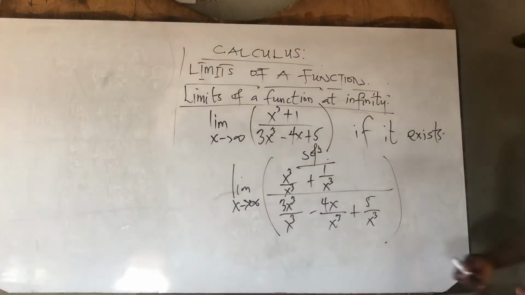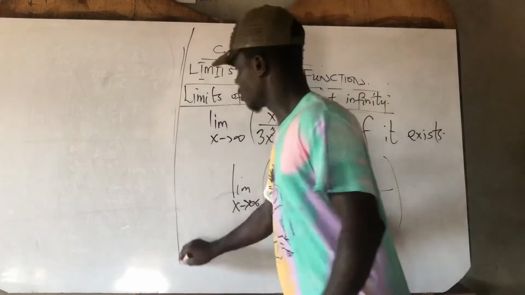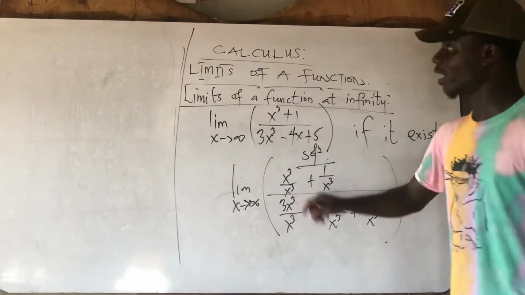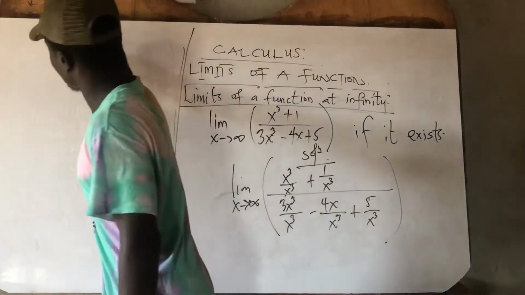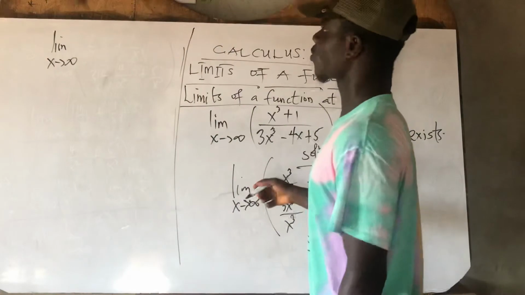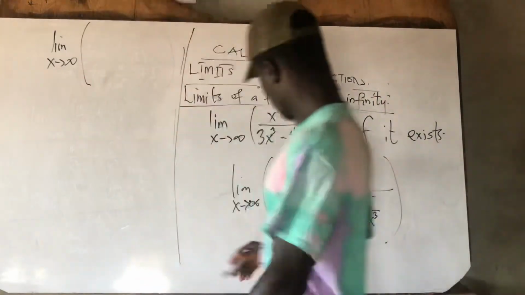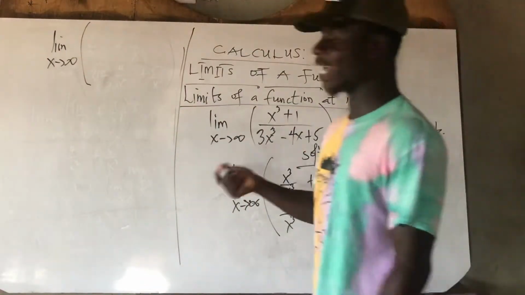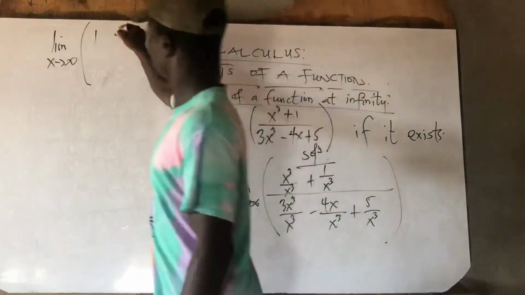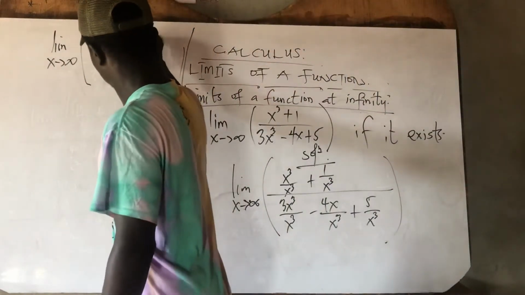So the limit as x approaches infinity of x cubed divided by x cubed, you all know that is 1. Then plus 1 over x cubed.